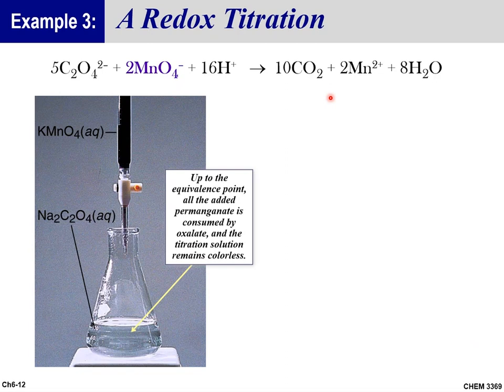So the solution will turn from dark purple, when the permanganate is reduced to manganese 2 plus, to a faint pink at the equivalence point. Okay, so in this case, no additional indicators are necessary because the titrant is by itself an indicator.